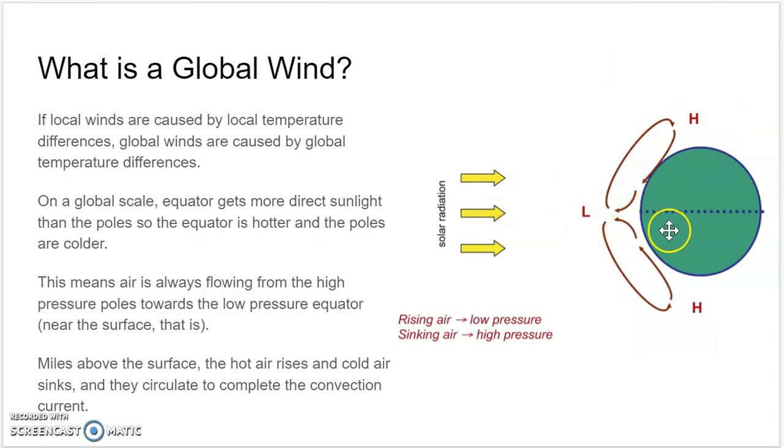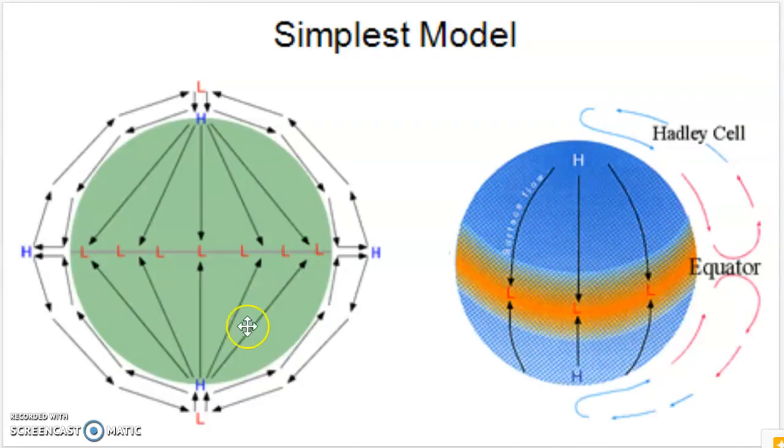And again, convection currents. So this is the simplest possible model to explain that convection. Again, we have the blue H because cold makes high pressure, and it flows towards the red L because red is low pressure. It's going from this pole towards the equator, and it's also going from this pole towards the equator.